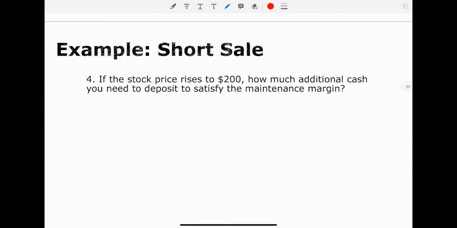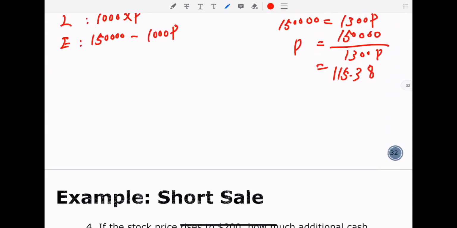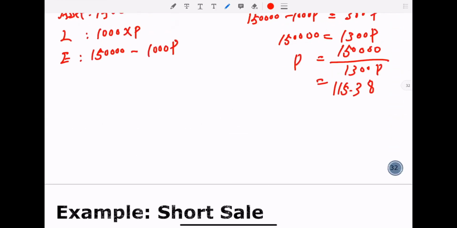Now let's see the last question. If the stock price increases to $200, how much additional cash you will have to deposit to satisfy the maintenance margin? First, we have learned if the stock price is 115, you will get a margin call.